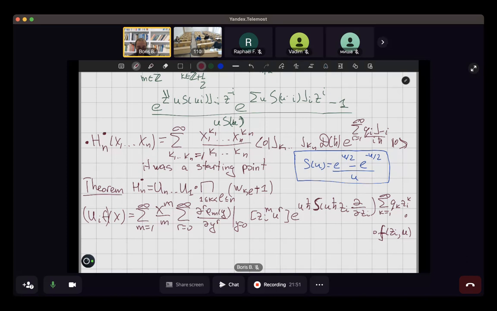So we have this function, and here we have a product over all k. So n small is fixed, and here we have a huge product, but some finite product of this function in z and u, depending on k and l, and then we apply this u1 etc. un, so n times this operator u, to obtain this h.